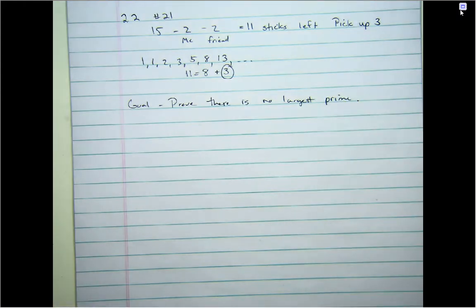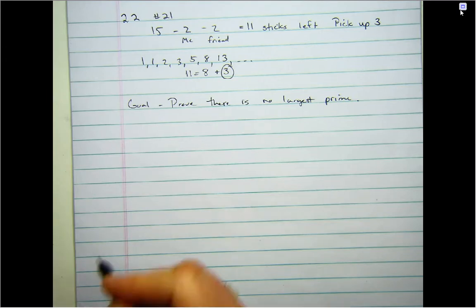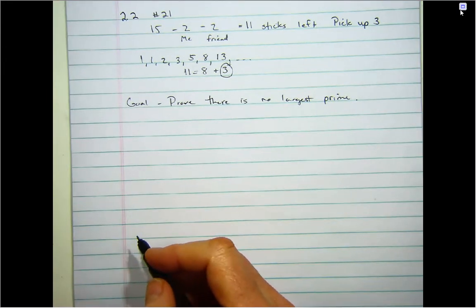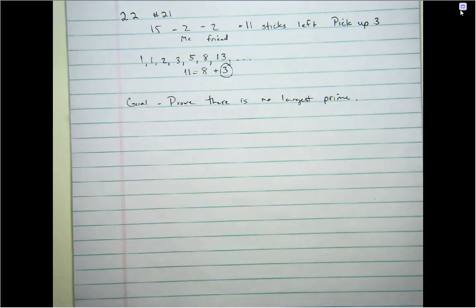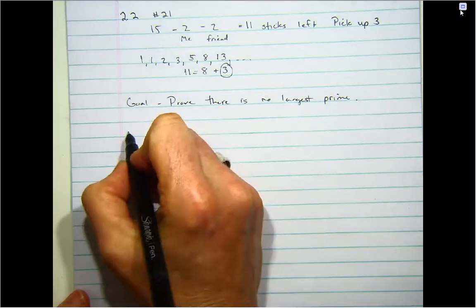This is one of the harder things that we do throughout the semester, so try and put your thinking caps on if you were kind of drifting away there. We're going to prove there is no largest prime, so we had come up with a strategy. To demonstrate that strategy, I was just saying, how about we prove there's a prime larger than a particular number? So let's do that.